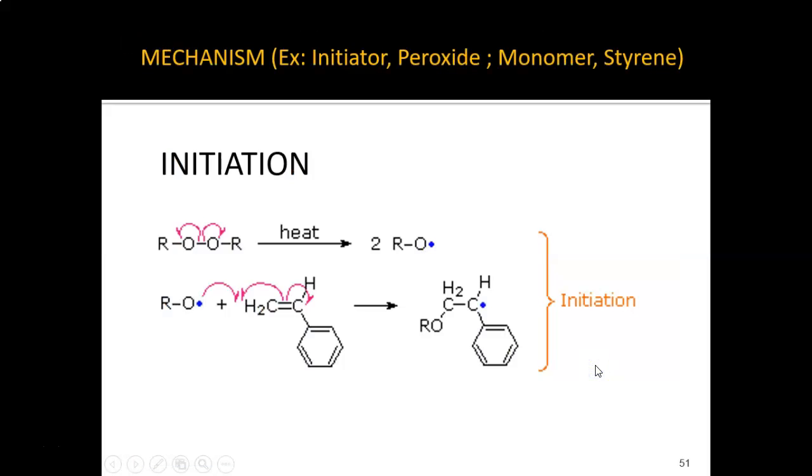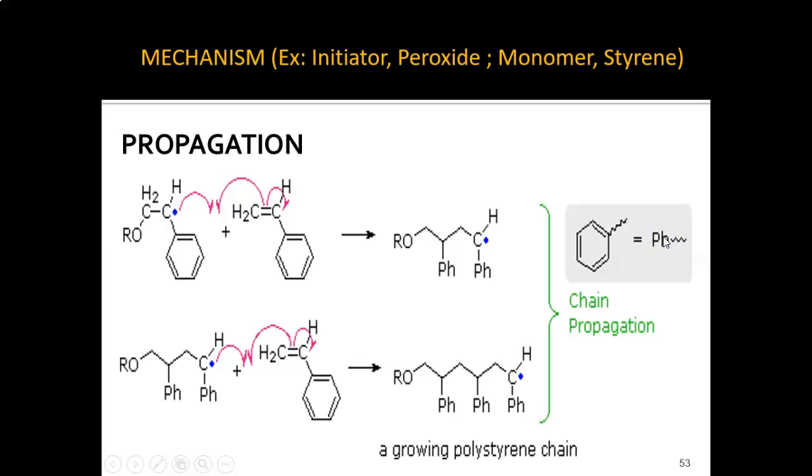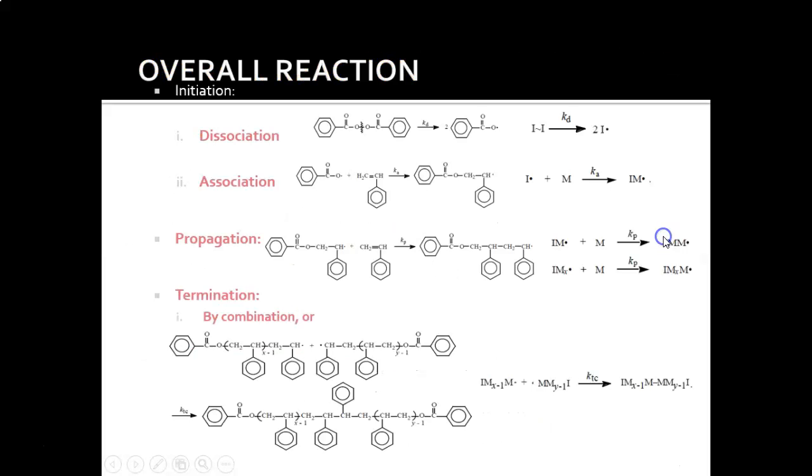This is the initiation that uses peroxide, hydrogen peroxide and styrene, which I showed you in the previous slide. This is the overall reaction I showed you earlier, the first step of polystyrene reacting with benzoyl peroxide.